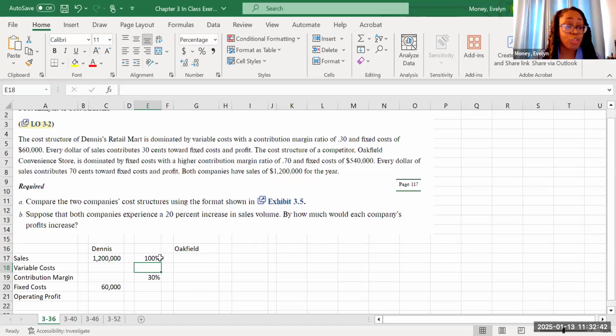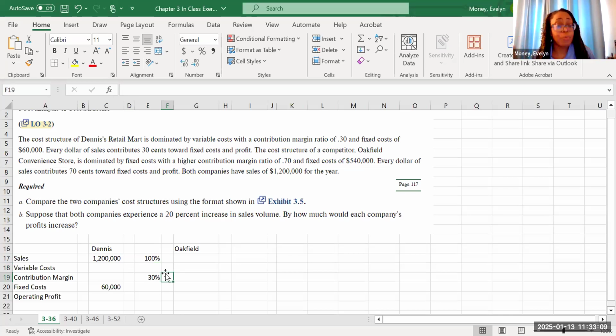If sales are 100% and contribution margin is 30%, that means my variable cost has to be the difference between those two. If we were just looking at a straight contribution margin income statement without any of the percentages there, I could add together variable cost and contribution margin and arrive at my sales numbers. We're going to do the same thing here. We're going to use this to help us fill in the missing information.